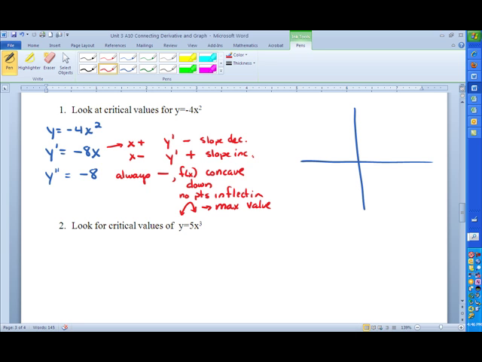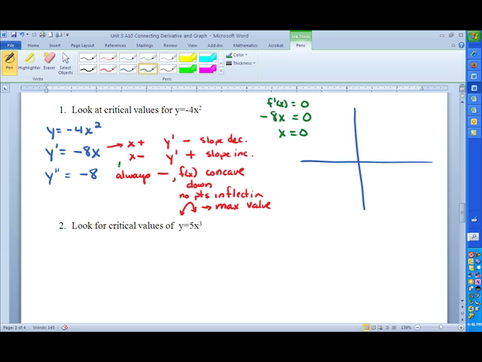Now, where does it switch from increasing to decreasing? What we would need to do is take the first derivative and set it equal to 0. And so negative 8x equals 0. Solve for x. x equals 0.